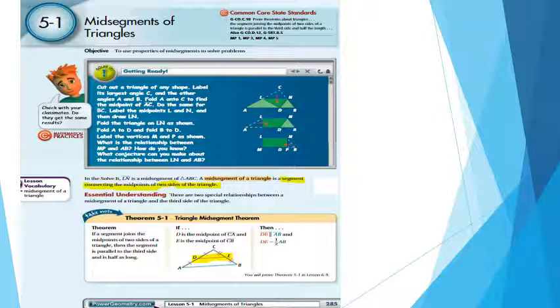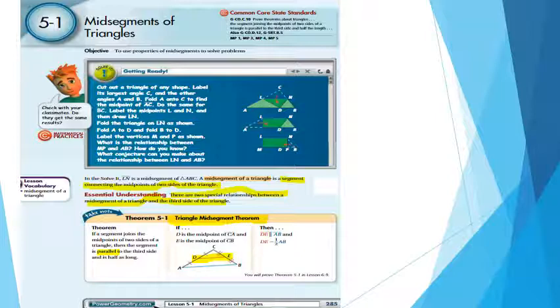Okay, let's read. There are two special relationships between a mid-segment of a triangle and the third side of the triangle. In this theorem, which is the triangle mid-segment theorem, let's read the theorem. If a segment joins the midpoints of two sides of a triangle, then the segment is parallel to the third side and is half as long.